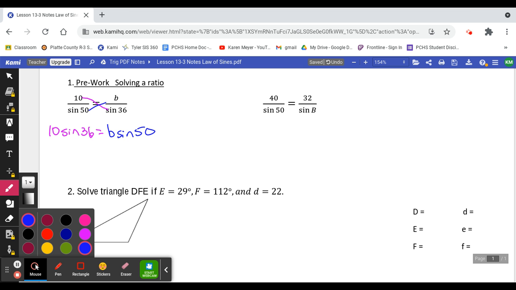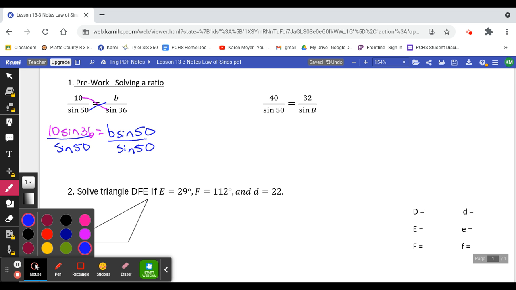And then if I want to get b by itself, how do I get rid of the sine of 50? Well, hopefully everybody says, ooh, I would divide. So, moral of the story, you will always divide by whatever is across from the letter.